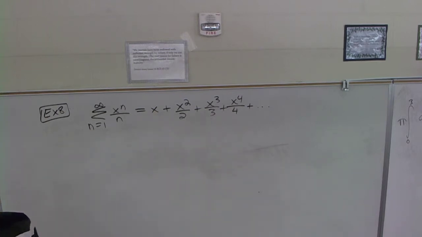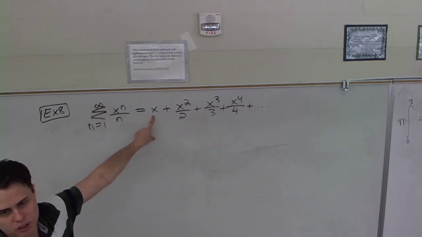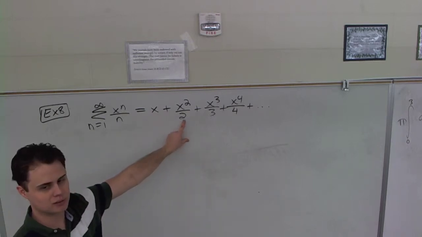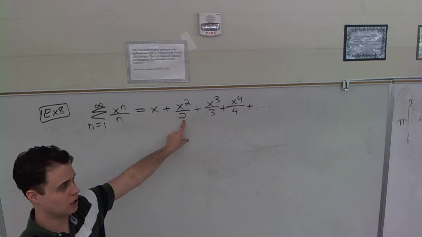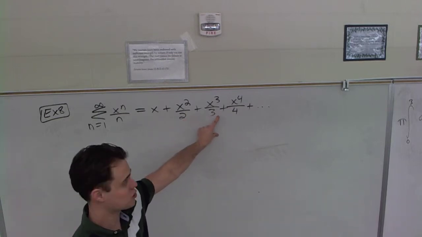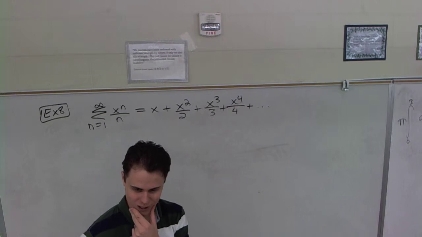And the whole concept for this is to take the derivative. What would the derivative of this whole series be? Well, the first term in the derivative would be 1, and the second term would be x, and the third term would be x squared, and the fourth term would be x cubed. See how it comes out kind of nice?